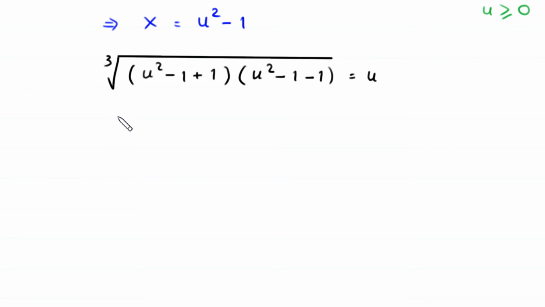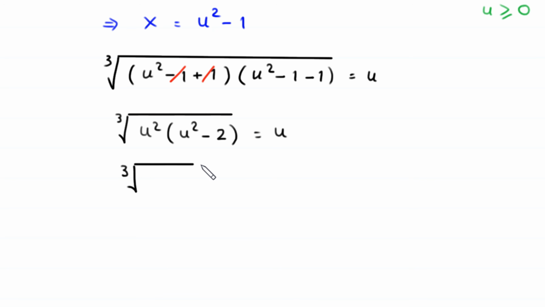Further simplify, this positive 1 will be cancelled out with this negative 1, and we are left with cube root of u squared times u squared minus 2 equal to u. Further simplify, distribute this u squared, so u squared times u squared will become u to the power 4 minus u squared times 2, that is 2u squared, equal to u.